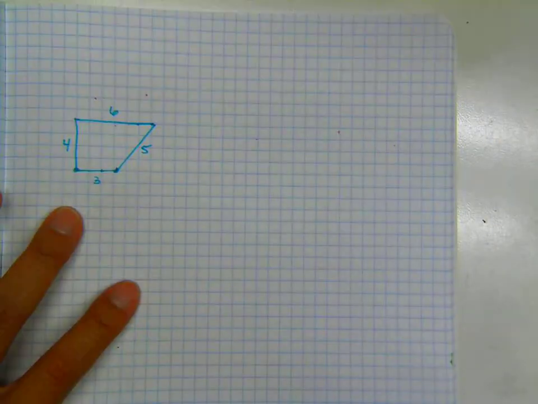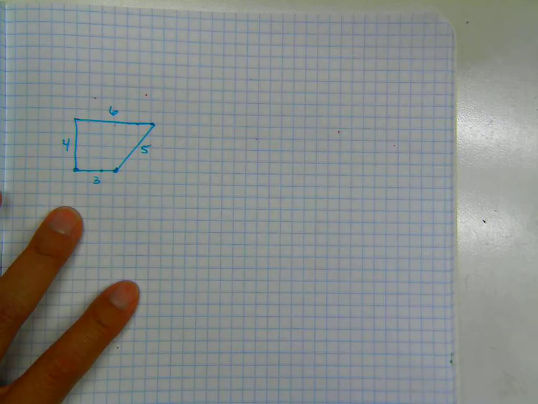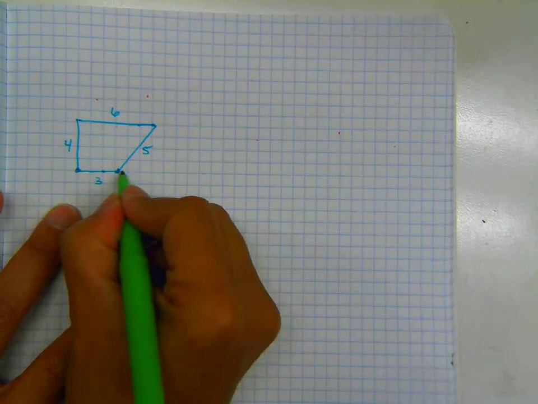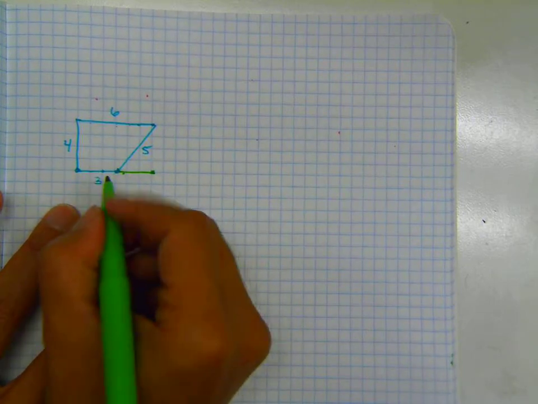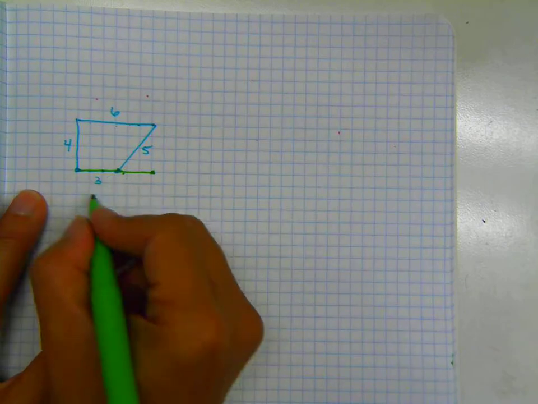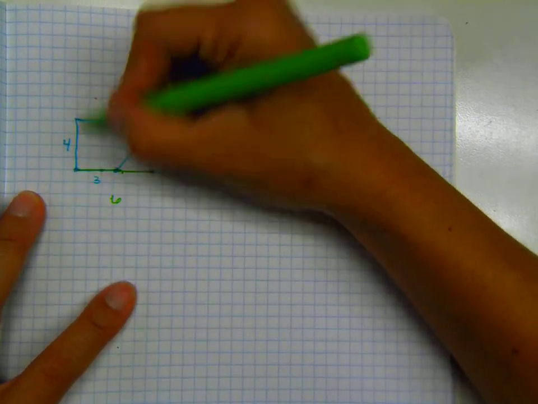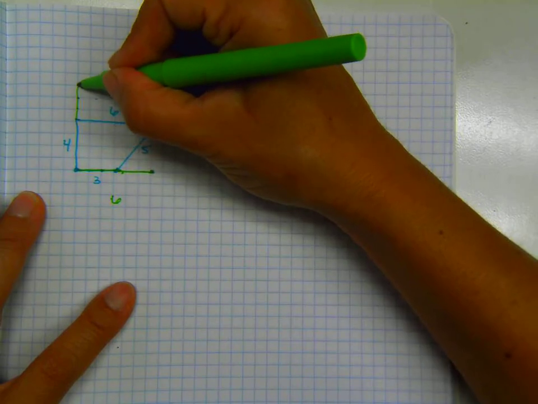I have a scale factor of 2, so what I'm going to need to do is just double everything. So instead of 3 here, I'm going to go across 6, 1, 2, 3. So this green line is going to be 6. I've got to go up 8, so here's 4, 5, 6, 7, 8.